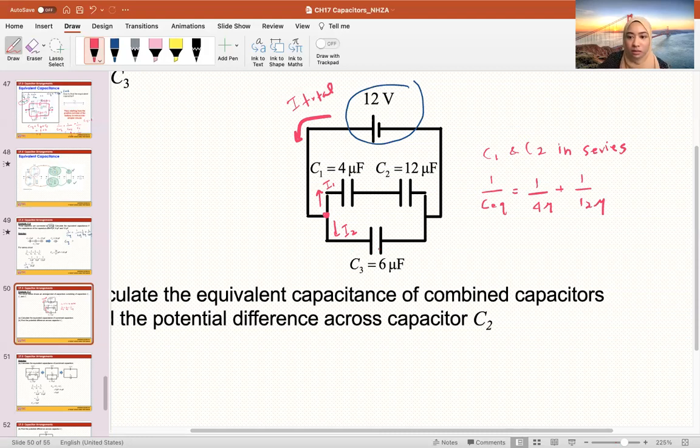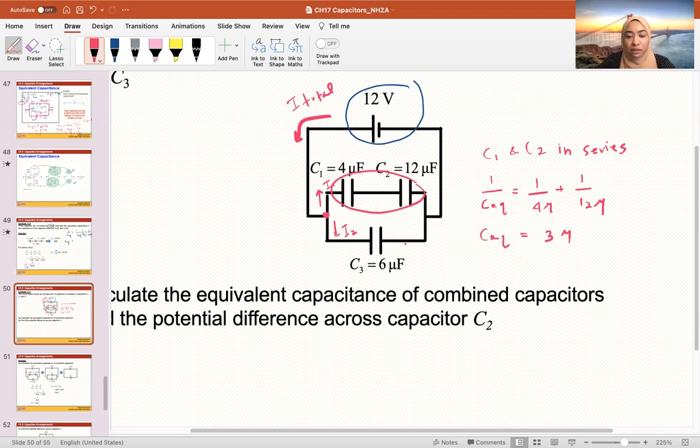Whatever value you get for the C equivalent, can someone calculate that for me? 1 over 4 plus 1 over 12 is, I don't know. Anyone? 3, right there. C equivalent is 3 microfarad. So this is the top part, it's 3.